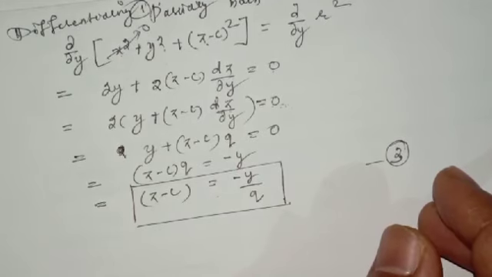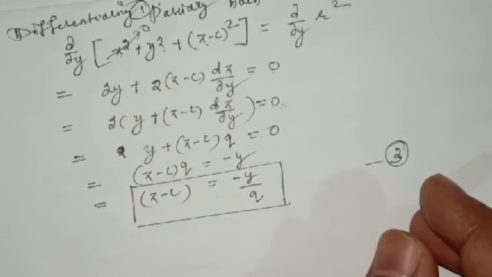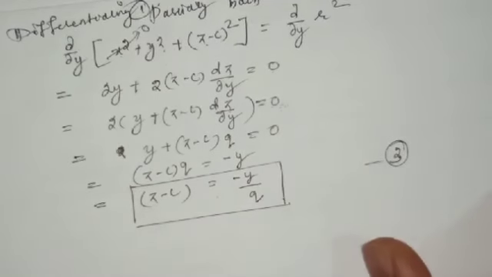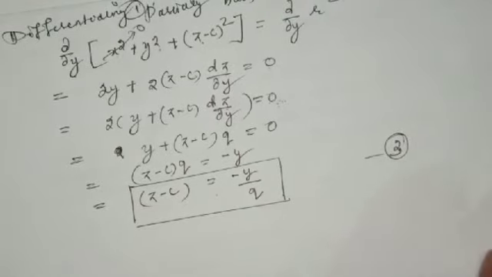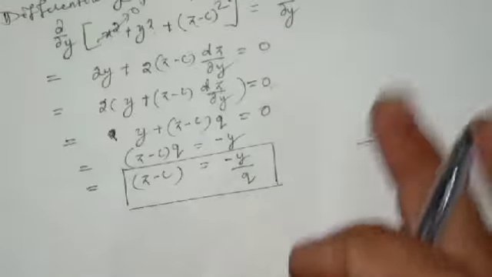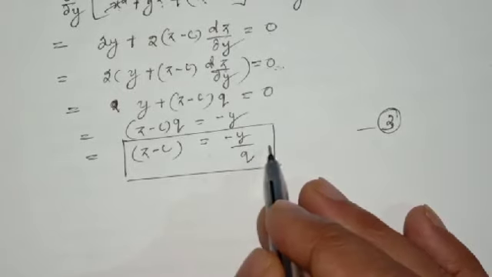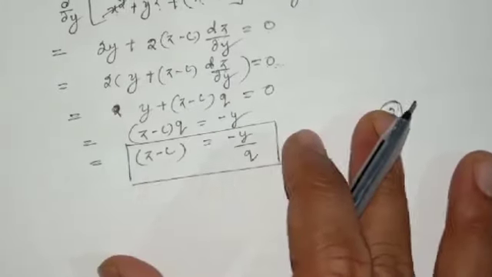When we differentiate partially in equation 1, we got two values. Now we will compare both the equations, 2 and 3. In the first equation we have z minus c is equal to minus x by p, and in the third equation we have z minus c is equal to minus y by q.